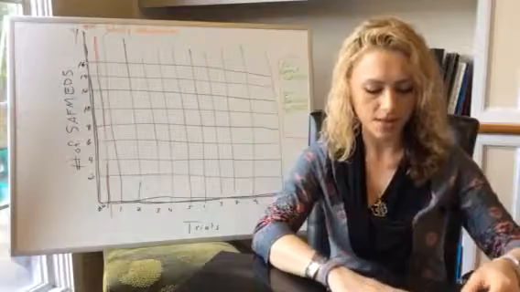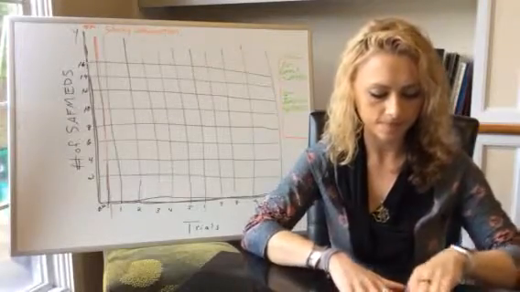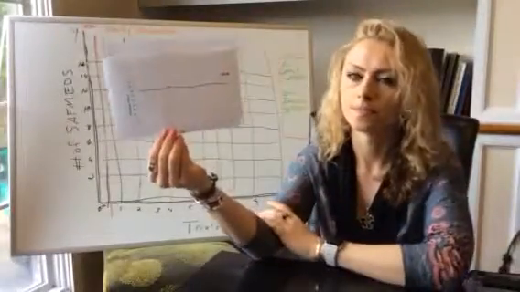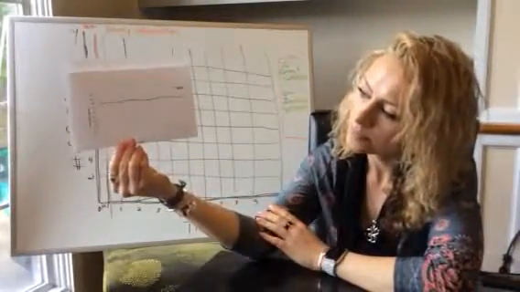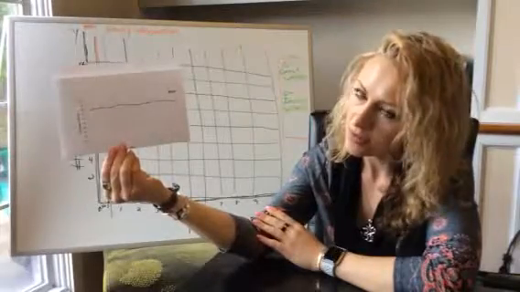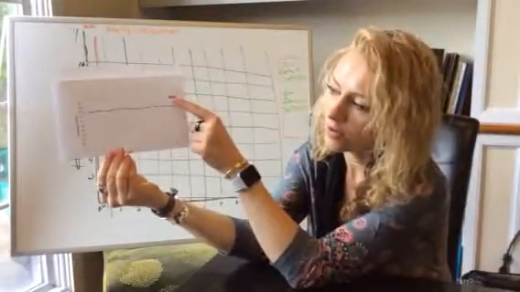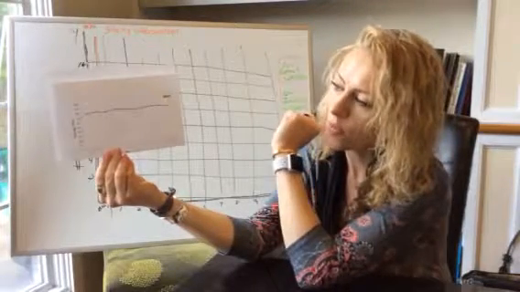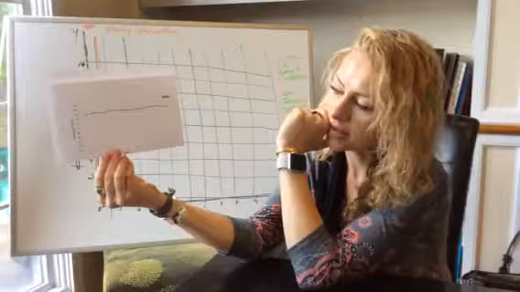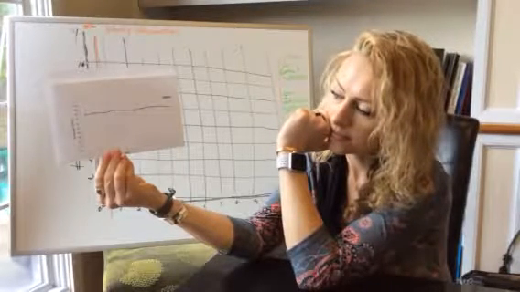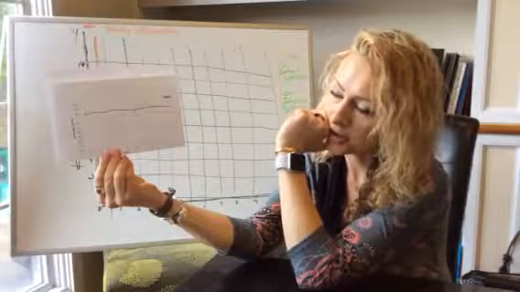Let's take a peek at this graph. First, let's see. We can call this our title. It's for Jane. And what is our x-axis telling us? What numbers are on there? What information is displayed?